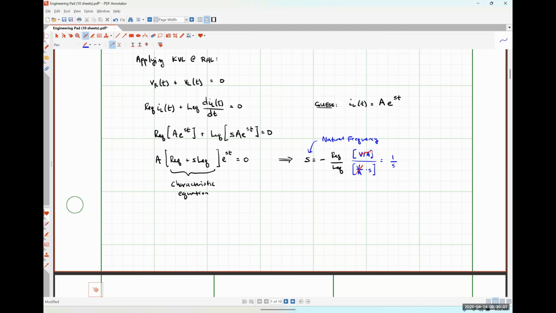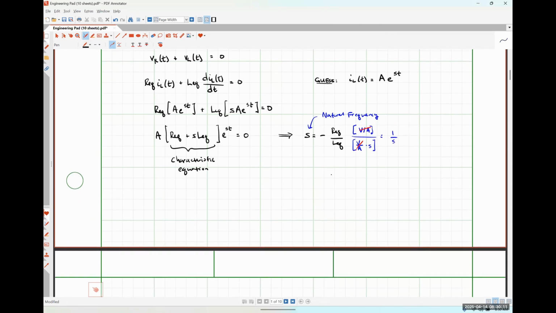So we can modify IL of t, our guess, to now say that it's going to be A e to the negative REQ over LEQ times time. So the only other thing we need to solve for is that coefficient A. Well, this is actually pretty easy to do because of the way that exponential functions work, right?